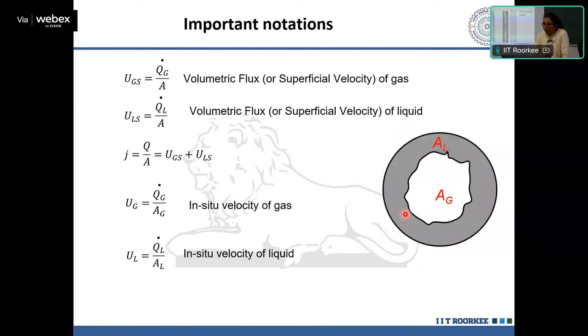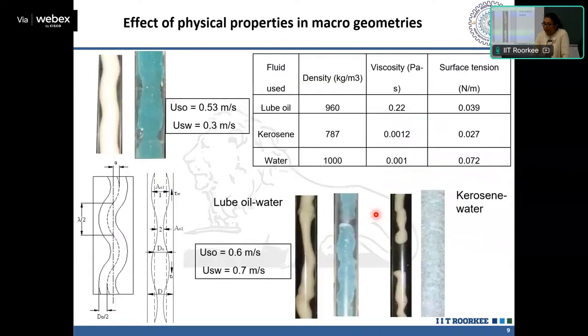The first pair is lube oil and water, and the second is kerosene and water. The densities of both phases are close by. However, the viscosity of the lube oil is very high in comparison to kerosene. Here the surface tension is also given, and it is also different from the kerosene case.